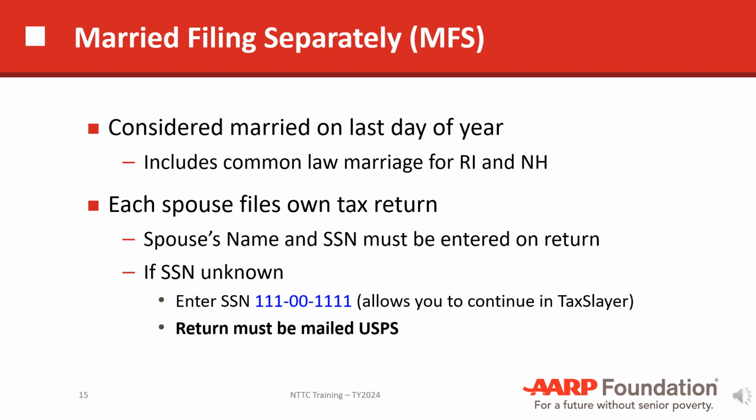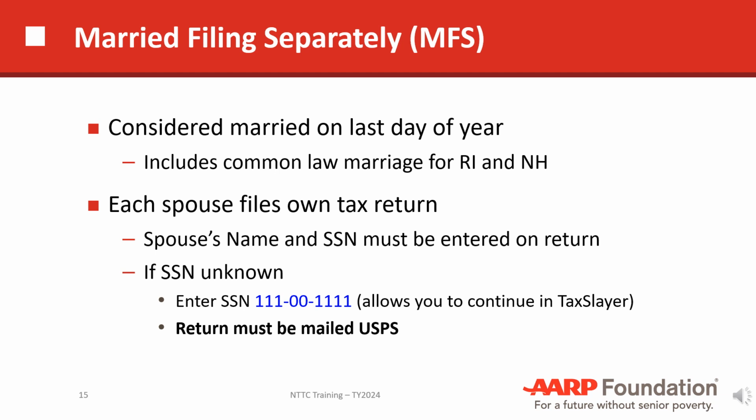And oftentimes what I've found is that people that have separated don't know their spouse's social security number. In some cases, they're still on speaking terms and they are able to get that. But in many cases, they're not on speaking terms, and so they basically do not have their spouse's social security number.